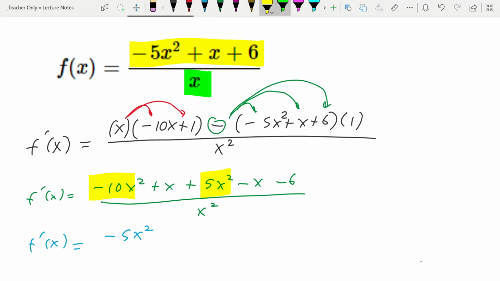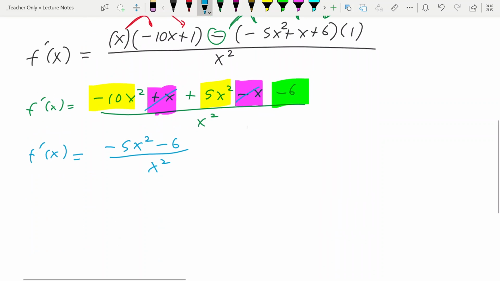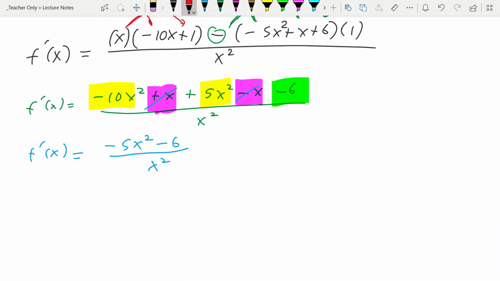I'm going to look for my x to the first terms, my linear terms, and those actually subtract to 0. And then finally, my constant terms, I only have one of them, negative 6. So minus 6 divided by x squared. And now with this as simple as possible, we'll go ahead and do the second derivative.